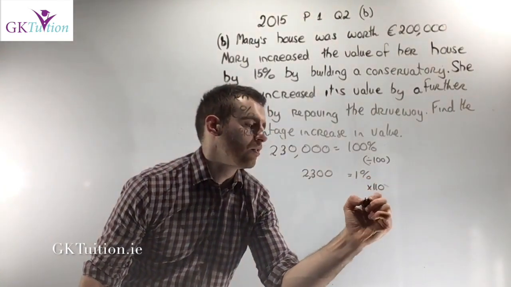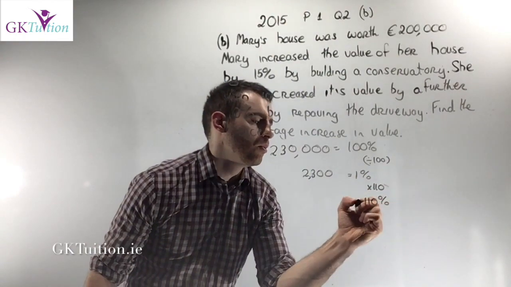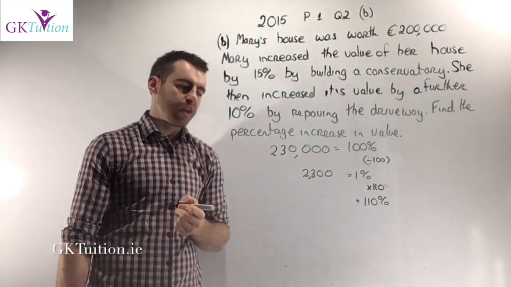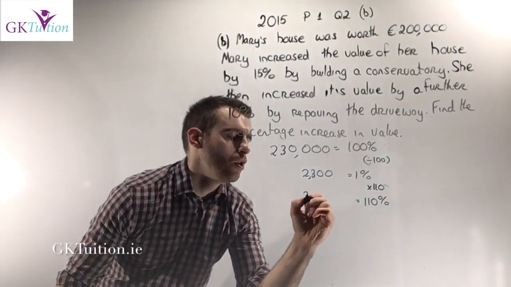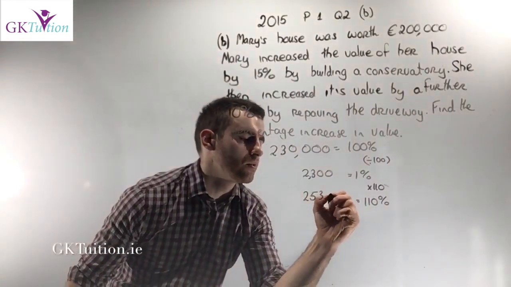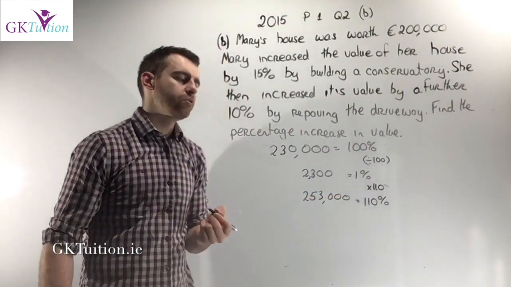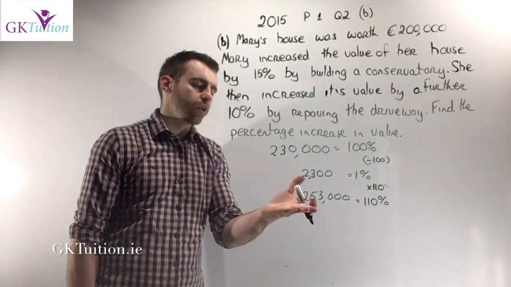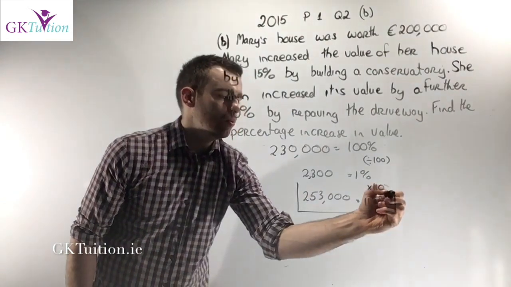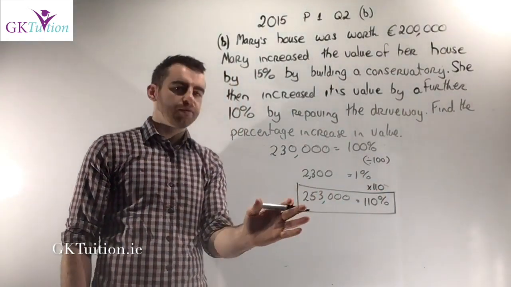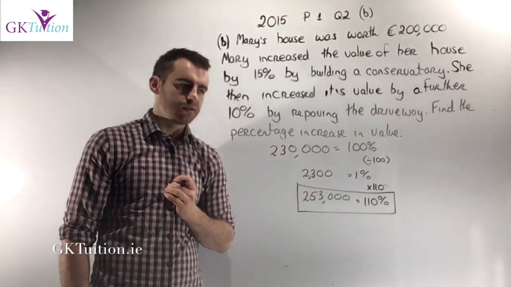If you multiply the right hand side by 110, you end up with 110%. If you multiply 2,300 by 110, you get 253,000. So I know that after she's repaved the driveway, the house is worth 253,000. So that's the final value of the house. The final value of the house is 253,000.